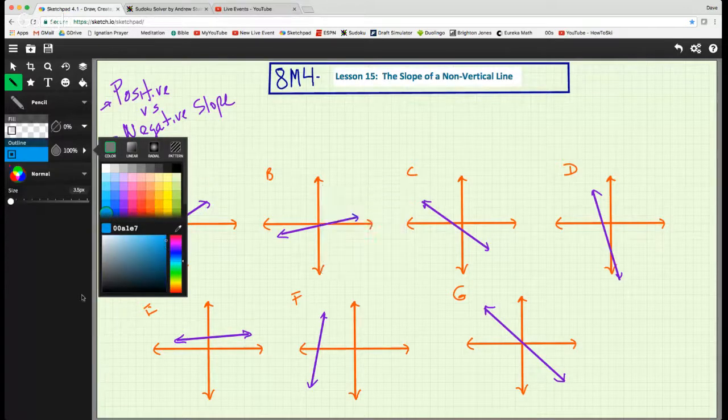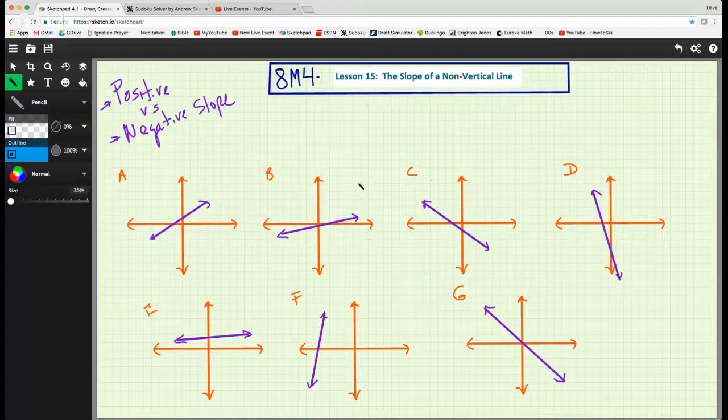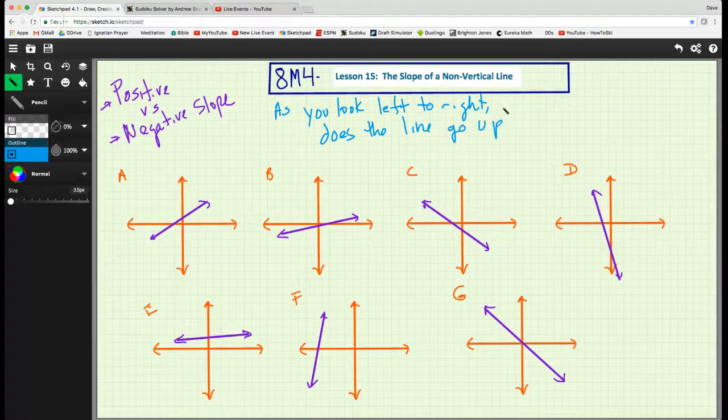We're going to look at these 7 graphs and we're going to begin to understand those concepts. So a positive slope is, and we're always looking as we read left to right, ask yourself, does the line go up or down?